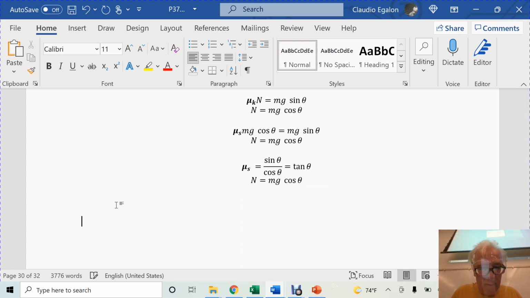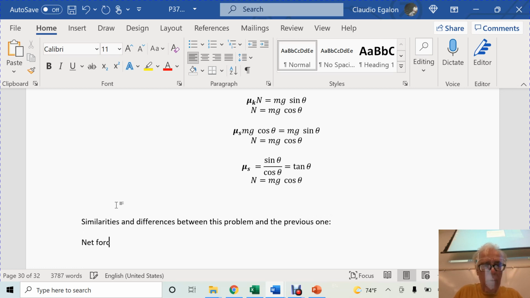The similarities and differences between this problem and the previous one. Net force is equal to 0. There's a similarity.